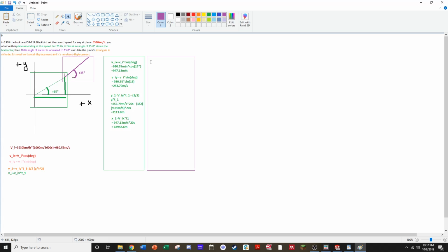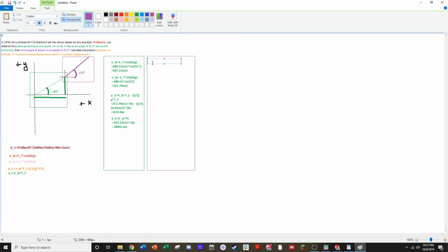So we are going to figure out just the distance displaced in the x direction and the distance displaced in the y direction. Okay? So we're going to figure out our x and y displacement of our purple section, so our final x and y displacement.